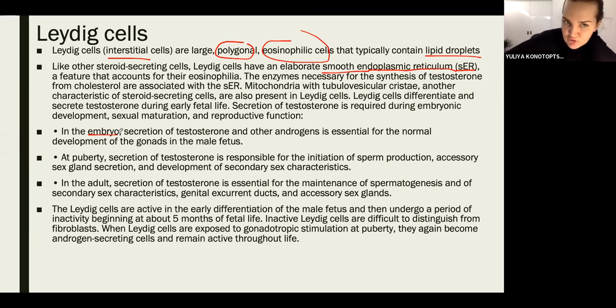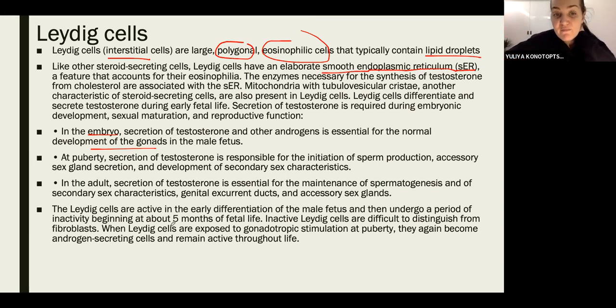And this testosterone is used for the development of the gonads in the male fetus. So you use this testosterone to make sure that testicles are nicely formed, that this testosterone could be converted to dihydrotestosterone, and then you will use this dihydrotestosterone to make penis, right? So it's understandable why you would make testosterone in the embryo, right? So you can definitely turn this embryo into a boy.